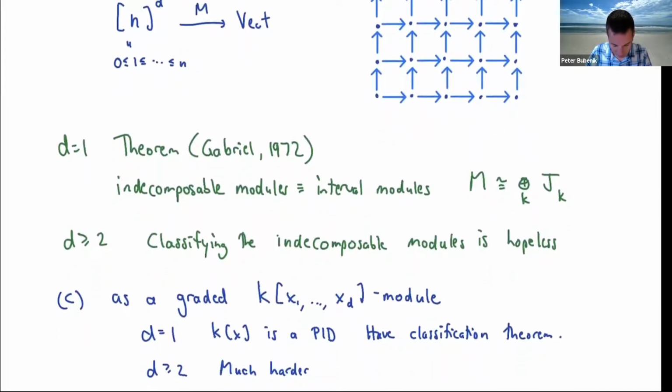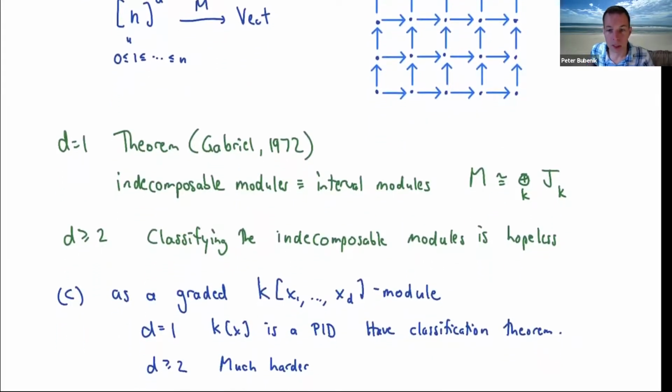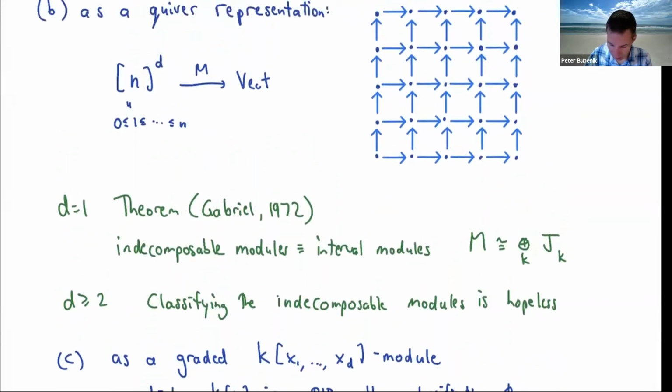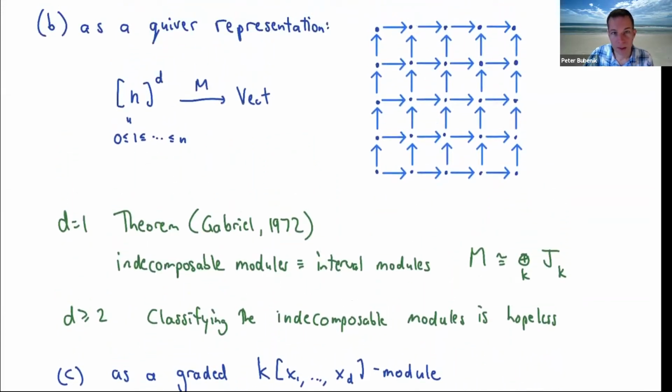There's another way of thinking of persistence modules, as here they actually are modules in the algebraic sense. They are graded modules over the graded polynomial ring. All right. So how do we interpret, say, representations of vector spaces on the integer lattice as modules over the polynomial ring?